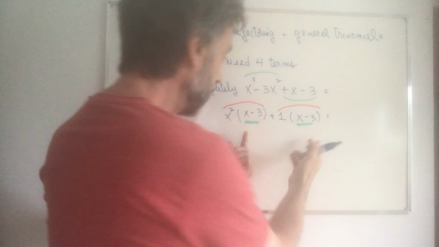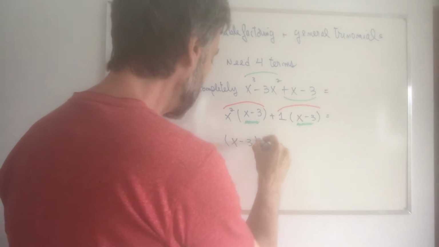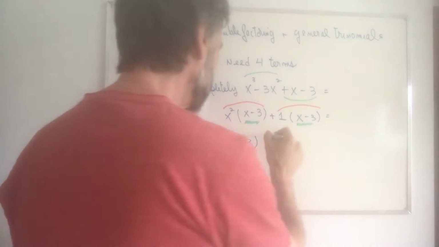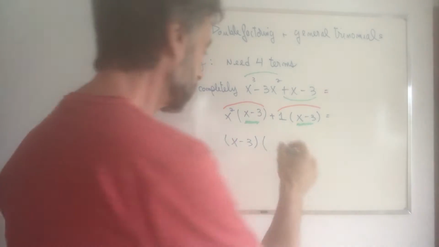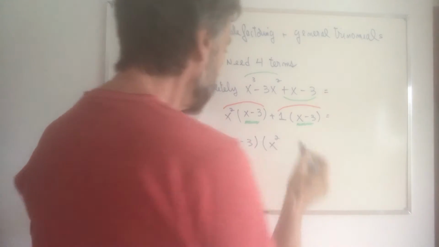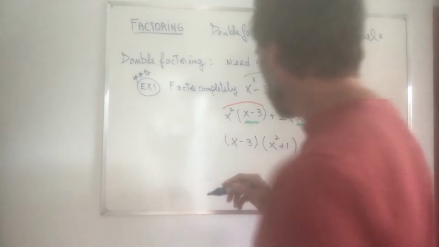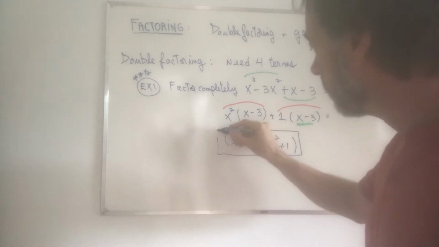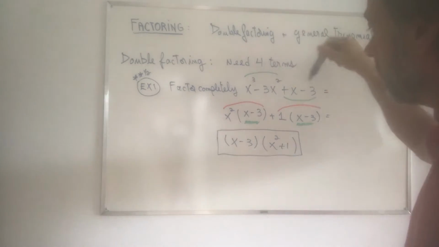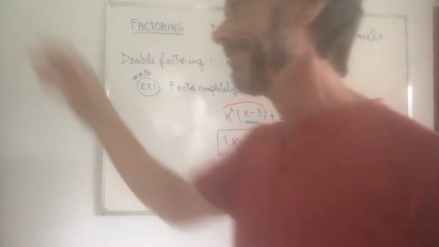Well, they both have a bracket x minus 3, so out with it. What shall I have left if I take away x minus 3 from the first term? x squared. And here, plus 1. And this is now completely factored. So, not a very difficult technique. Just remember that if you have four terms, it's a double factoring situation that occurs.